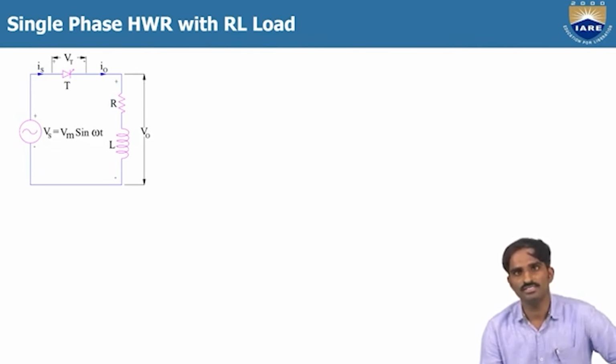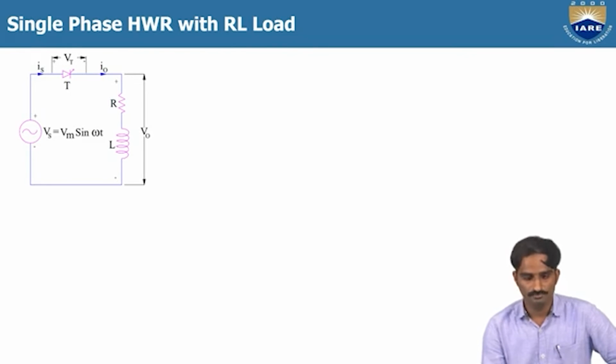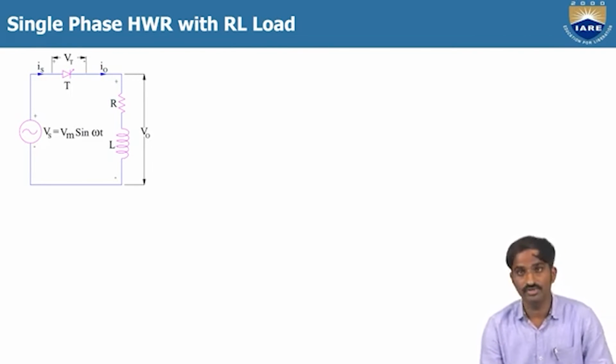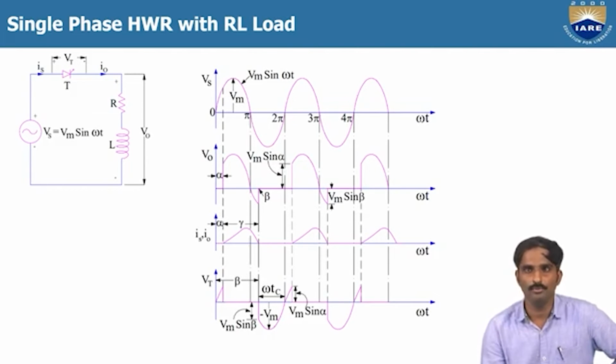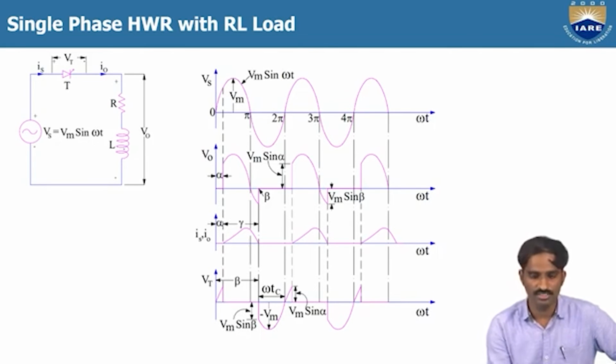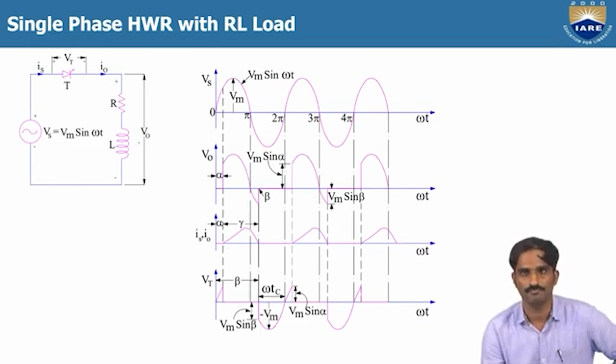Next, the single phase half wave rectifier with RL load. When coming to the output waveform, you just have to compare with the single phase half wave rectifier with R load. Which means here we should find the effect of this inductance, or the effect of this inductor.